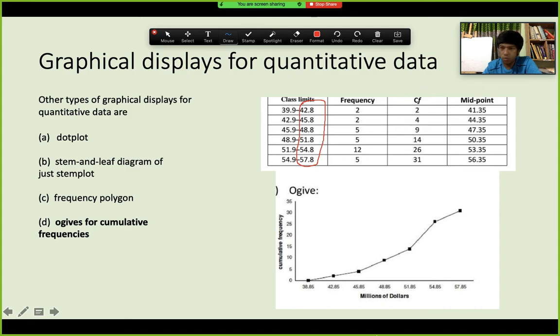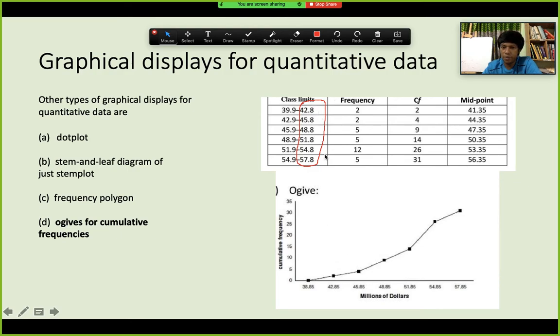We will summarize it in another slide. So we take the highest value, but in the frequency polygon, as you have seen in our previous graph, we take the midpoint. So there are rules for that.